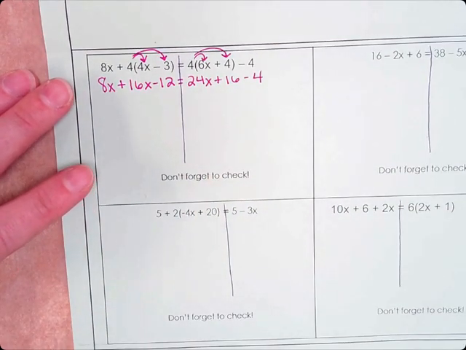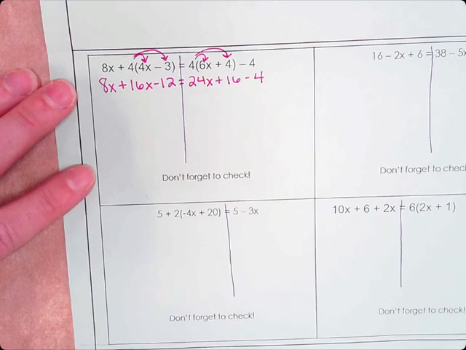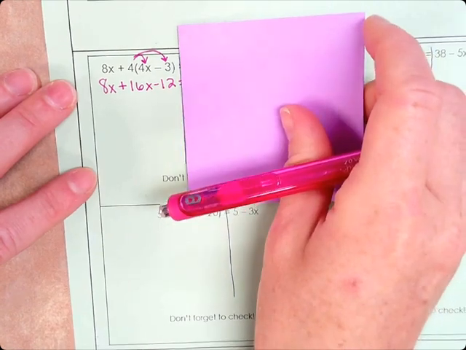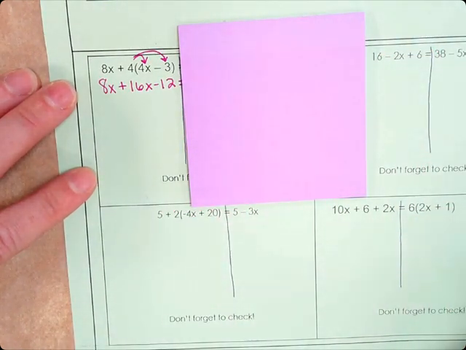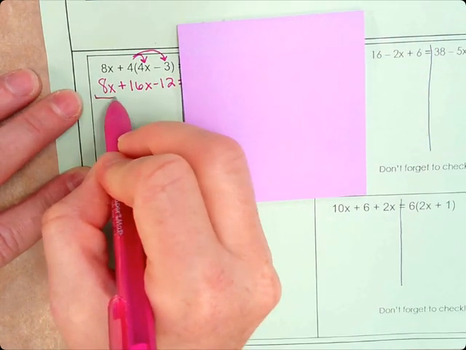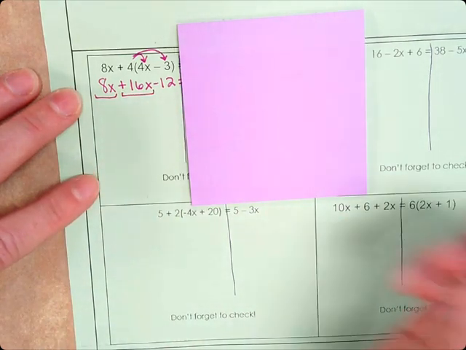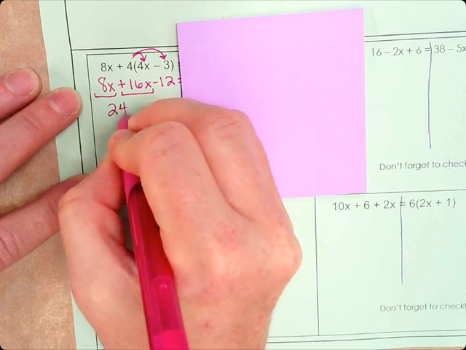Before I start moving x's around, I have to simplify the left side and then simplify the right side. So once I simplify the left side, 8x plus 16x, making it 24x.